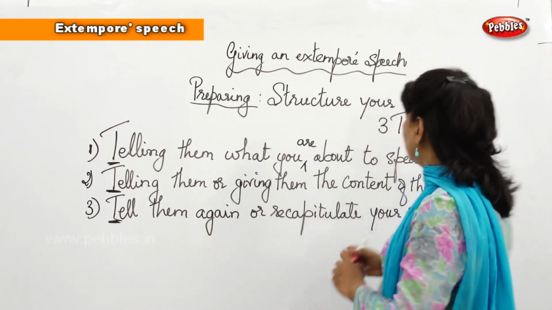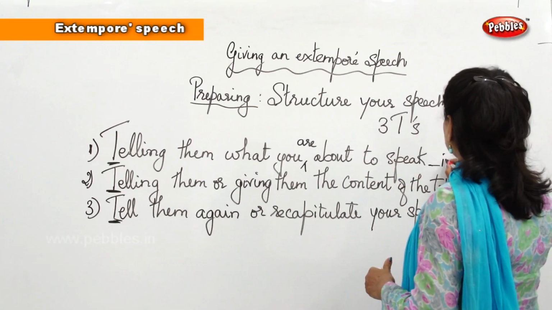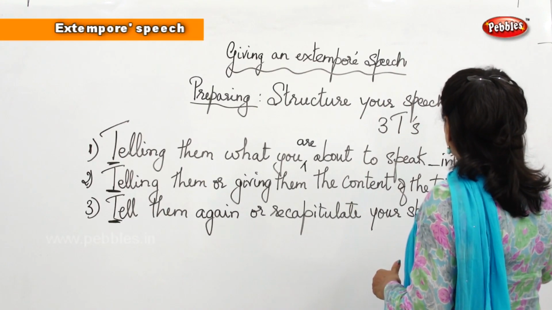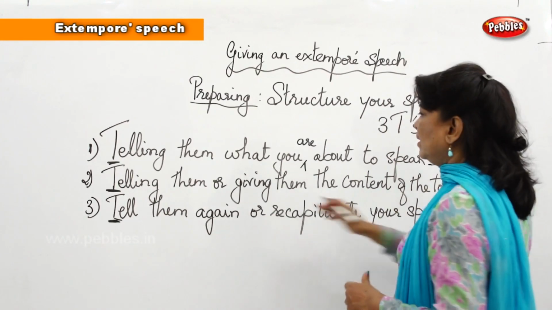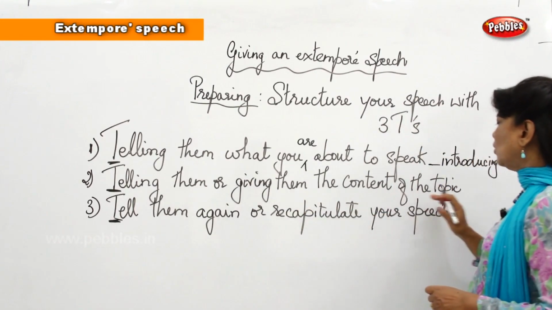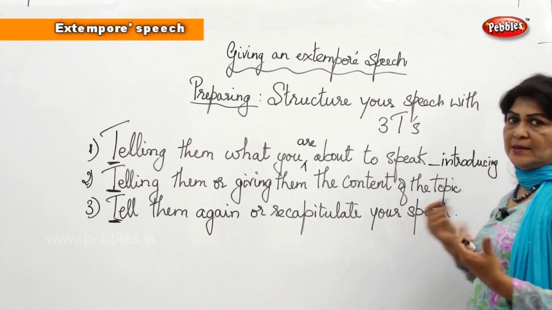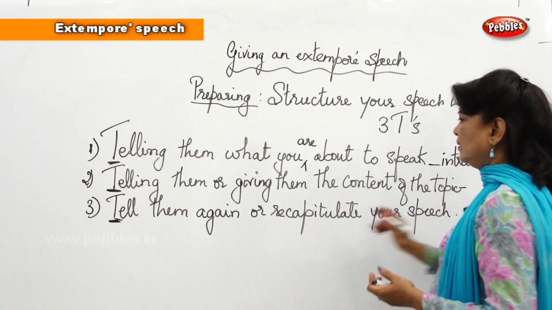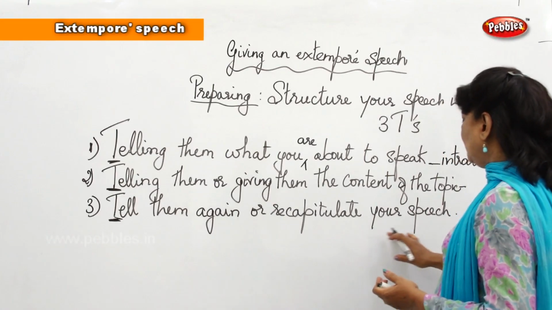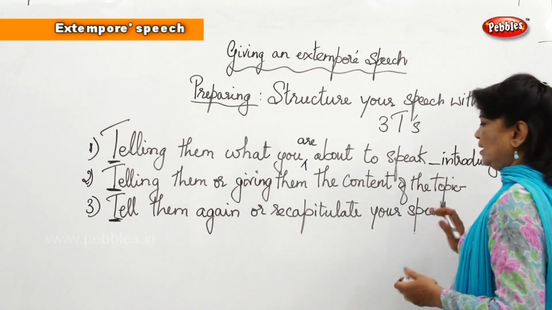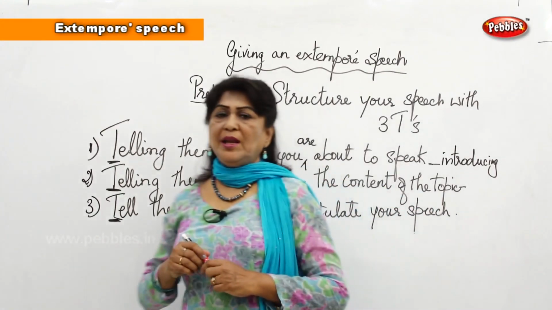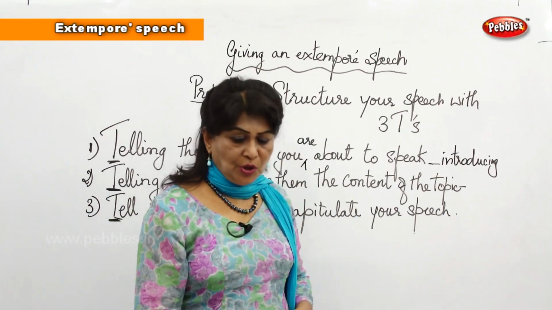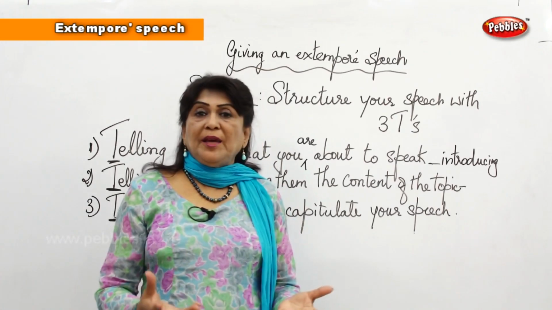Okay. So, this means introducing the topic, then telling them or giving them the content of the topic, that is explaining whatever you would like to speak, and then tell them again or recapitulate your speech. So, this is recapitulating. Recapitulating is jotting down the main points, or if you are not jotting down, you are only speaking, isn't it?